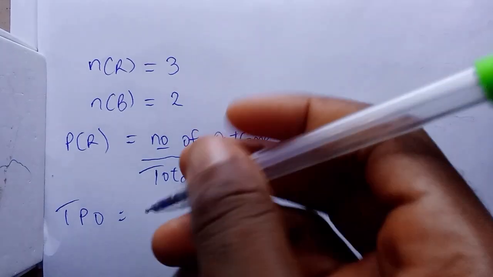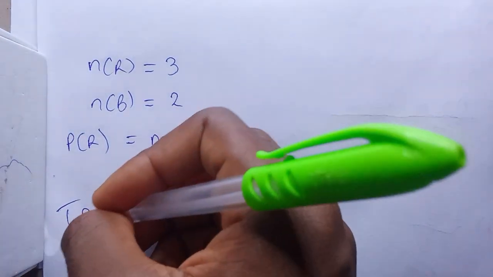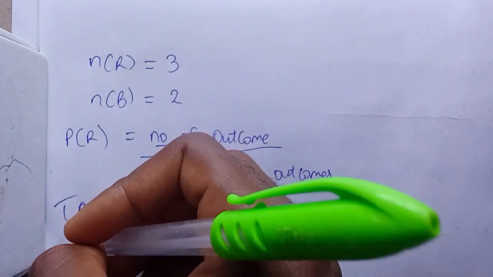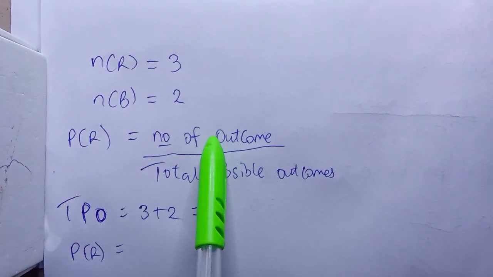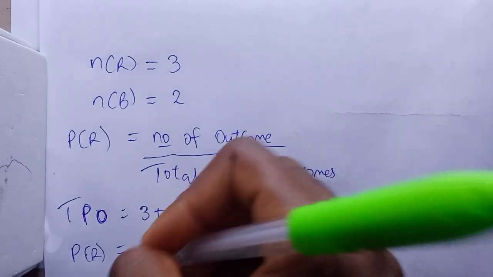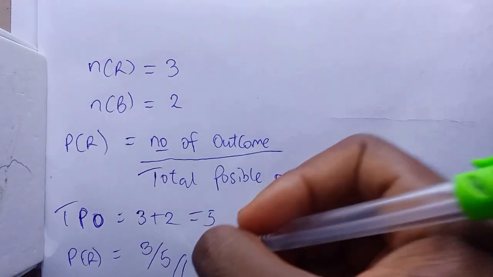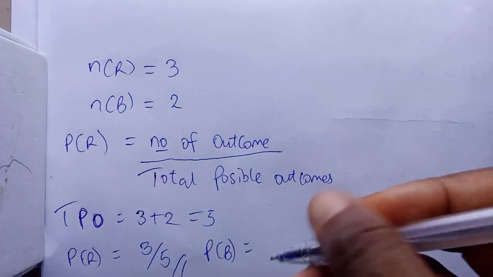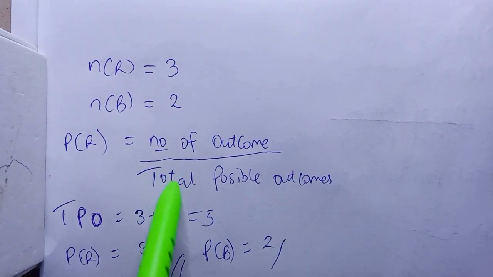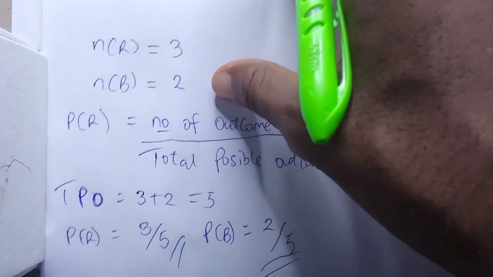So 3 plus 2 gives us 5. So our TPO, total possible outcome, is 5. So therefore our probability of a red ball equals number of outcomes for red, which is 3, all over total possible outcome, which is 5. And also probability for the blue ball is number of outcomes for blue, which is 2, all over total possible outcome, which is 5. So this is how you solve your probability questions.